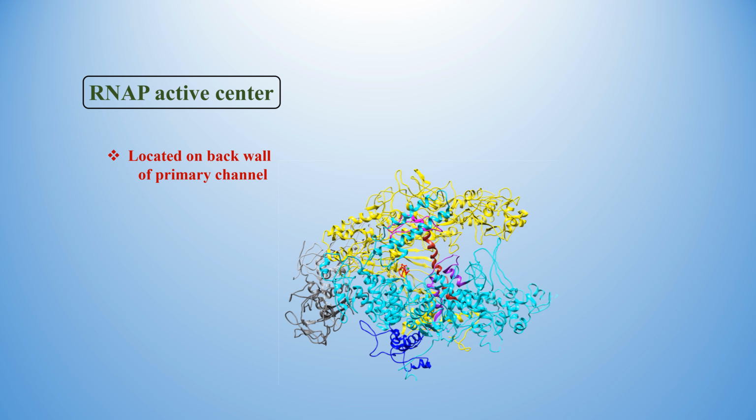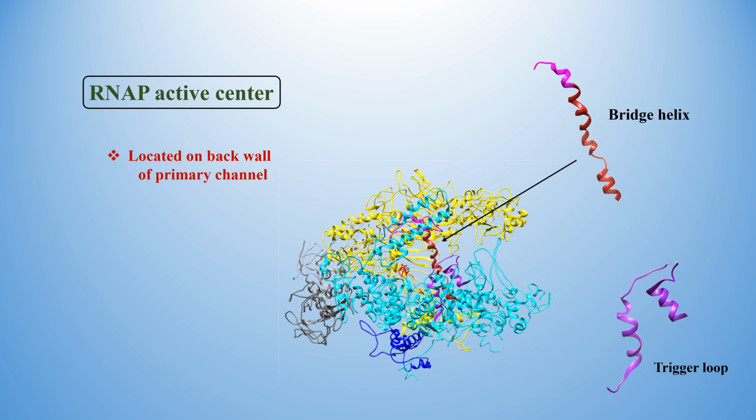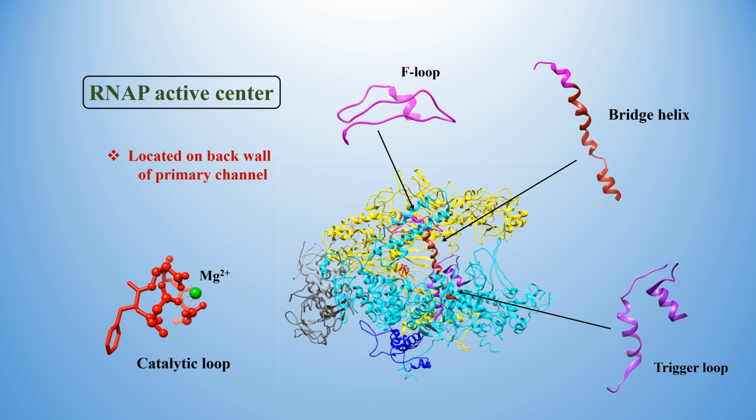It consists of a long alpha helical bridge helix connecting the beta and beta prime subunits, 2 flexible alpha helices of a trigger loop, an extended F loop, and a catalytic loop with 3 aspartates for coordinating essential magnesium ions. All these features have their respective roles in nucleotide addition.